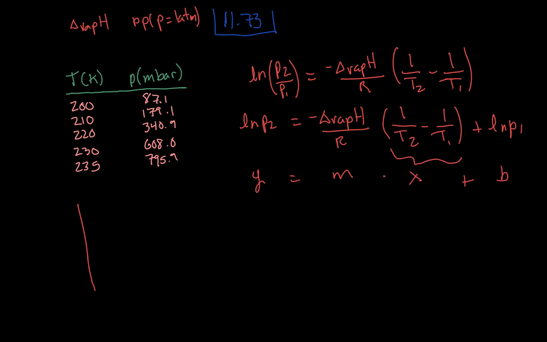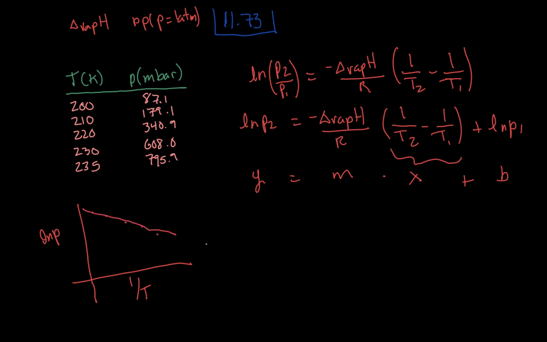So same sort of idea. You can plot this data like this. You'll be plotting ln of p over here, and you'll be plotting 1 over T here, and you will get yourself several points that decrease like this, right? And you can get a straight line out of that.